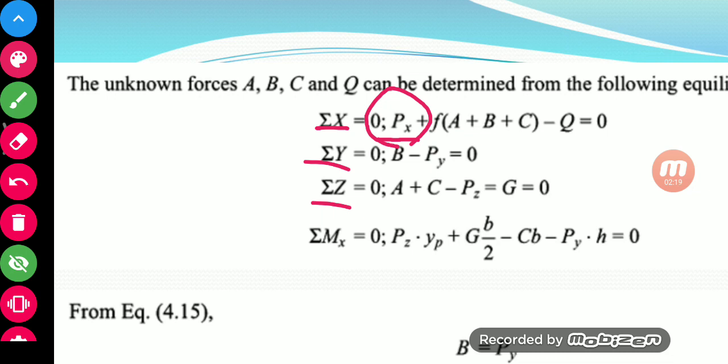That is something very important, which has to be understood. Along with that, there is this force Q. Now we'll try to understand in a bit what this force Q is. This force Q comes from the lead screw.